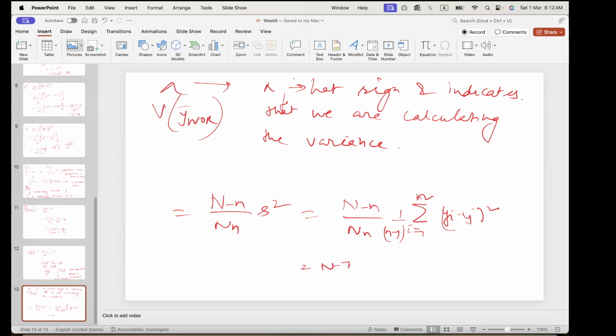So this would be (N minus n) by Nn, 1 by (n minus 1), summation yi square is np, minus n by (n minus 1) p square.